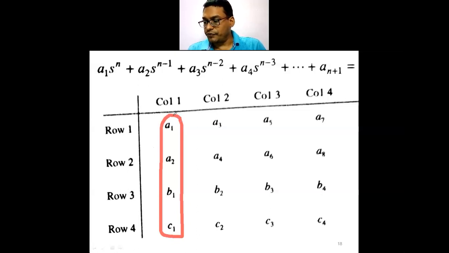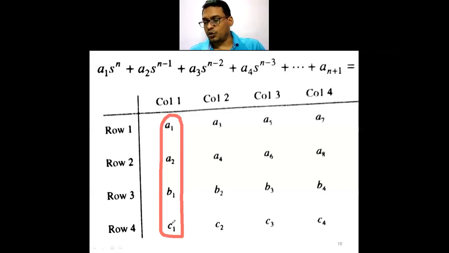That is the necessary and sufficient condition: all the elements of the first column of the Routh array must be positive and non-zero. If all the coefficients of the first column are positive and non-zero, then the system will be considered stable. This is the first rule.